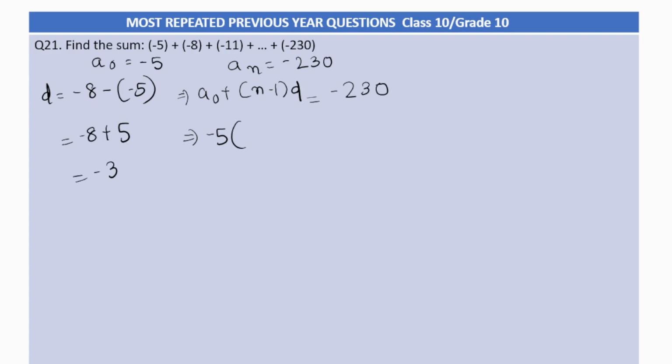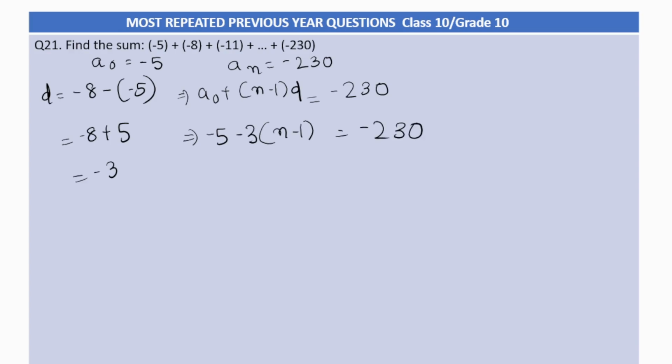So, here I'll just erase this bracket. Since the difference is a negative integer, plus minus finally will become minus here. I'll write minus 3 here: minus 5 minus 3 into n minus 1 equal to minus 230.